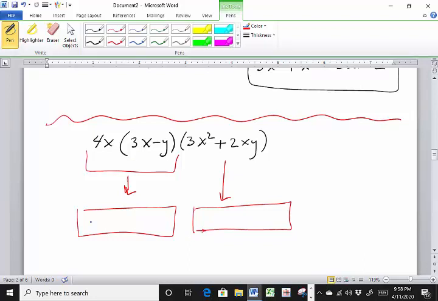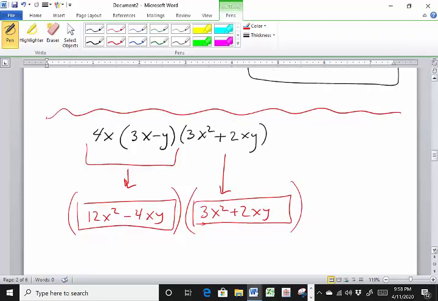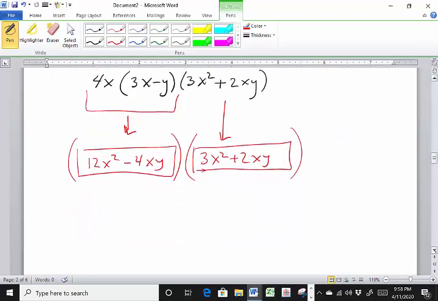4x times 3x is 12x squared. And then 4x times negative y is a minus 4xy. So I'll just put parentheses around that. And then here I just rewrite 3x squared plus 2xy. So we actually have two binomials multiplied together, so we can use FOIL or, again, just the distributive law. So this times this is going to be 36x to the fourth. 12 times 3 is 36.